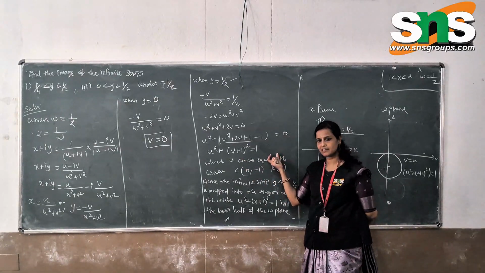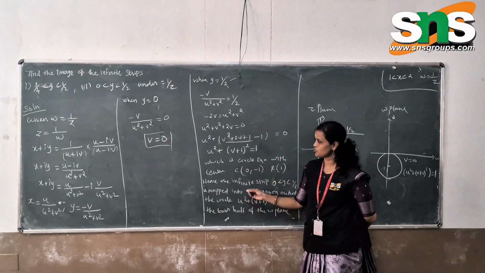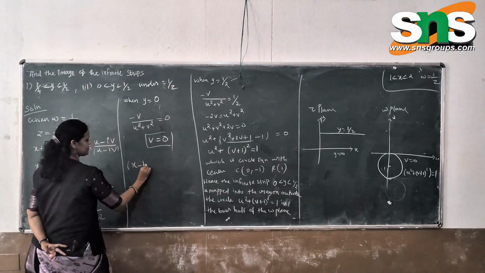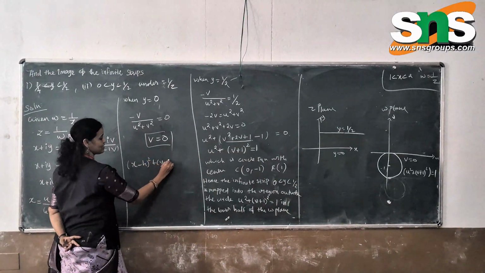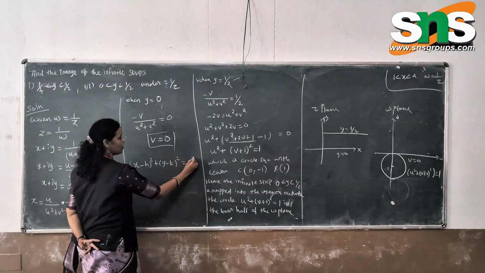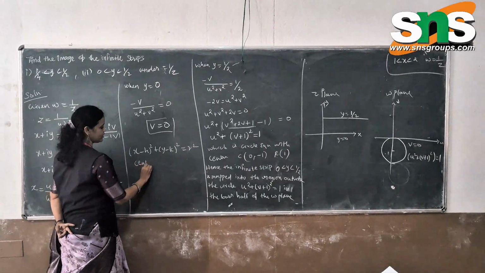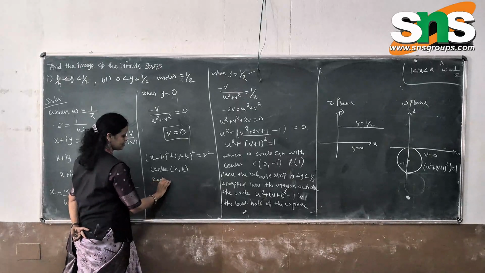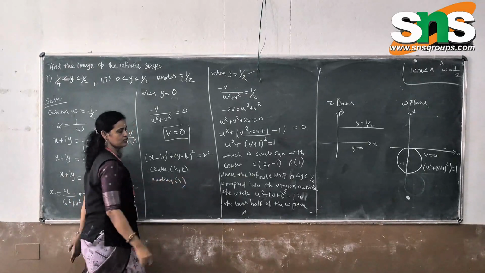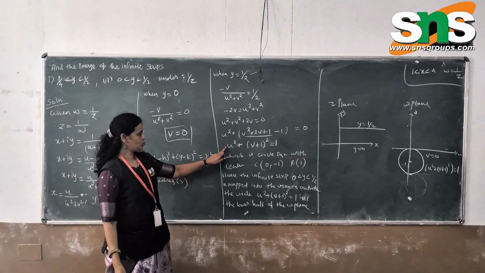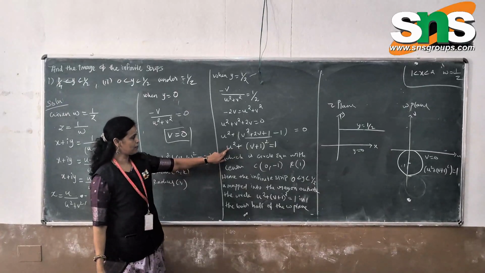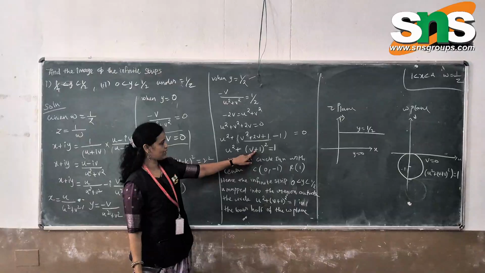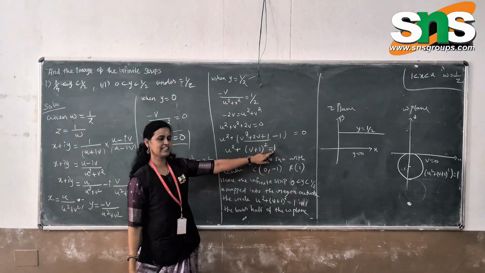Which is a circle equation. We know that the general form of a circle equation is (x - h)² + (y - k)² = r², where the center is (h, k) and the radius is r. Comparing these two equations, the center (h, k) has h = 0 and k = -1, and the radius is 1.